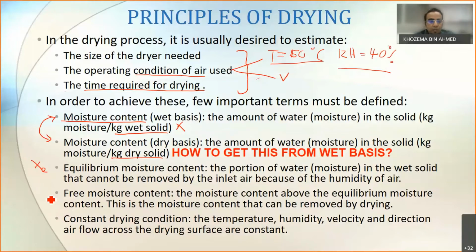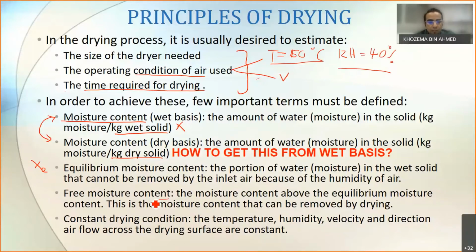So whatever moisture content you remove during drying, and whatever moisture content is left, we call the equilibrium moisture content, because that moisture cannot be removed based on the condition of the air that we have. But whatever quantity of moisture content is removed, we call that the free moisture content.